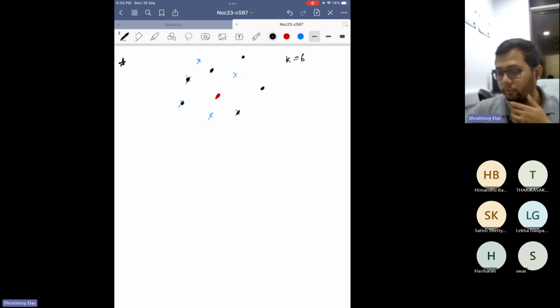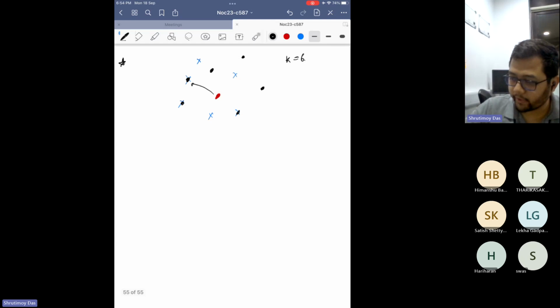So if your k is small and you want to find the nearest neighbor, it will find only one point, say this point. In that case your loss will be less, right?